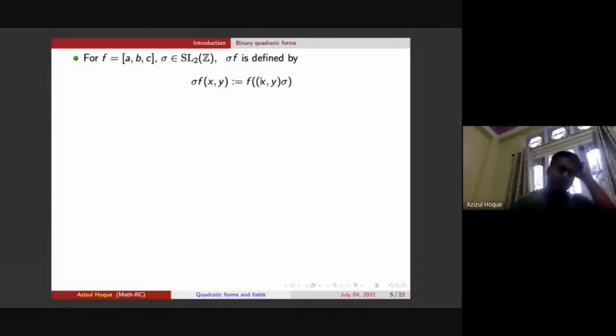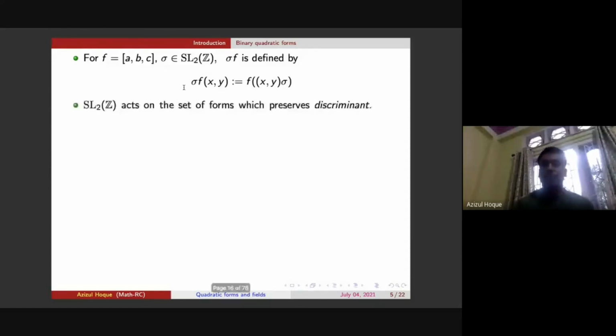So what does it mean? It means that SL2(Z) acts on the set of binary quadratic forms. But the interesting fact is that it preserves one thing, that is the discriminant. That means the discriminant of this form and these forms are the same.